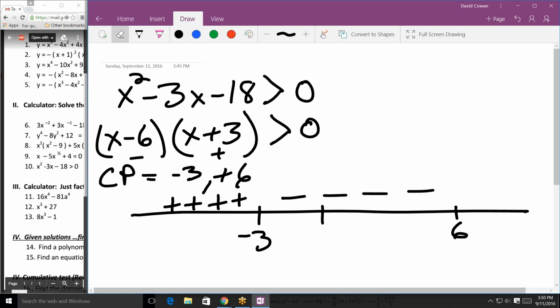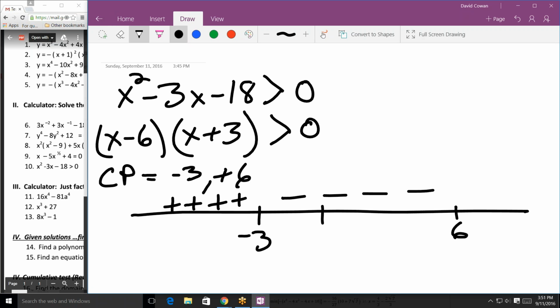Now finally, the last step, pick a number greater than 6. 10. Okay. I would almost suggest always pick a number that's just exactly 1 more, so 7, just because it makes the math easier.